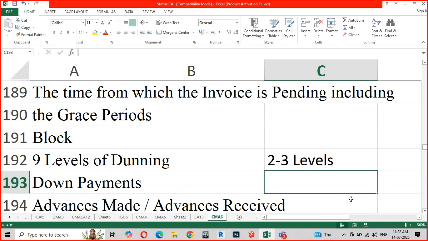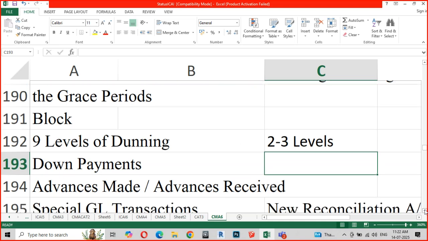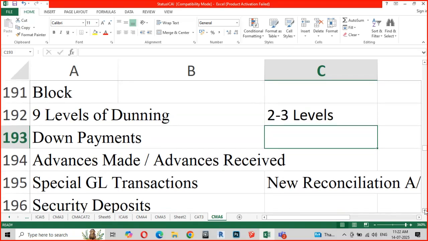Another important concept, what we touched upon in the first half of Friday, was the process of down payments, the process of advances. So what is a down payment? What is the concept of advances?